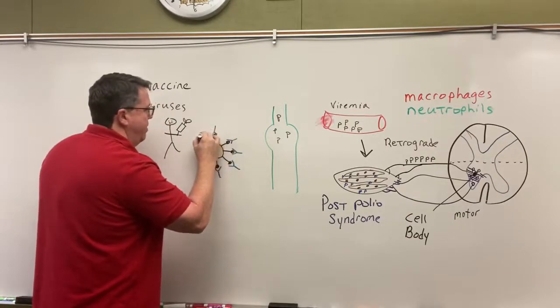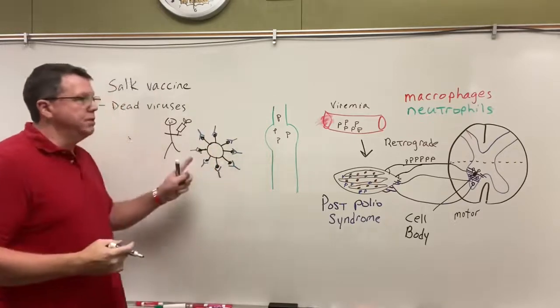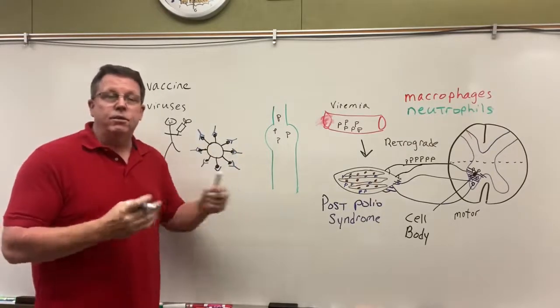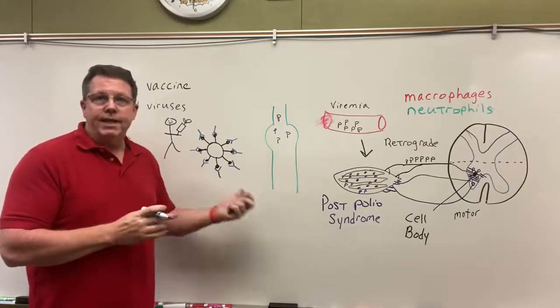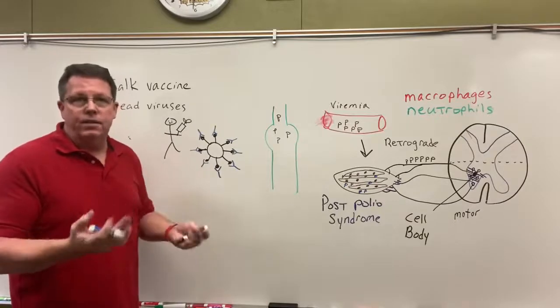And remember, you have hundreds and hundreds of spikes on a virus. They attach onto the spikes, and now the spikes can't attach to the receptor on a cell. And when it can't attach to the receptor on the cell, it can't get inside the cell, and therefore you don't have a problem.